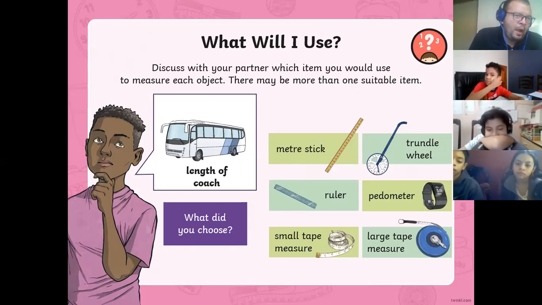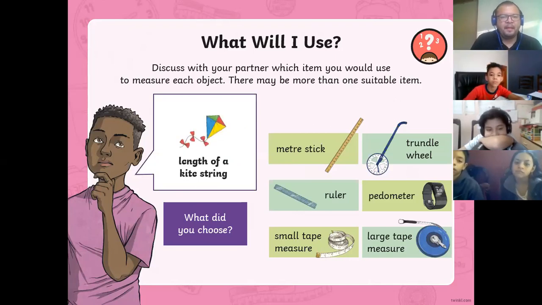Right? Let's see. Length of a kite string. Meter stick. Tape measure. Meter stick. A meter stick could be. Could be a meter stick, a ruler, or small tape measure to measure a kite string.